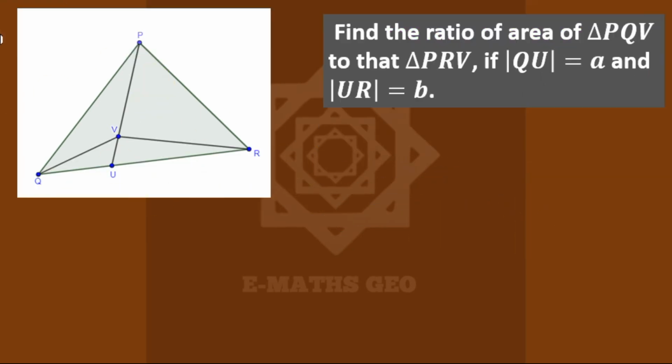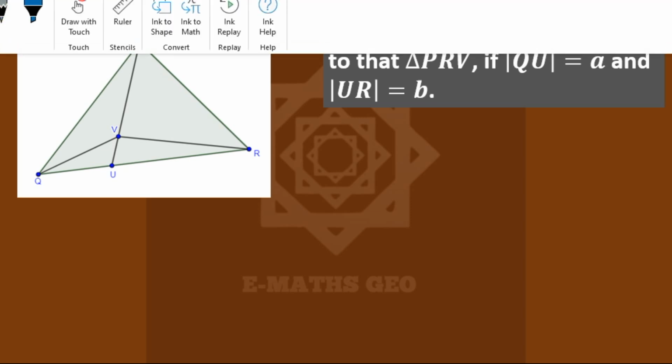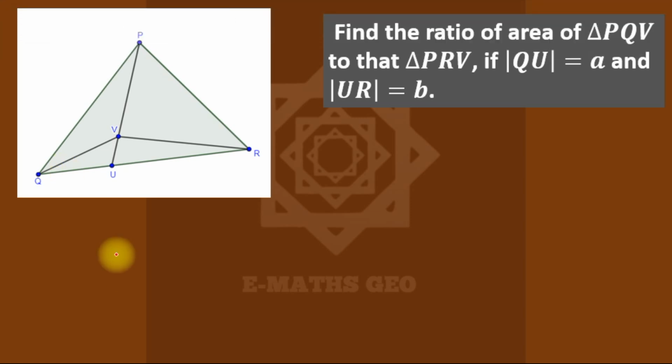Since we've noted from the first diagram, let's call these A1, A2, and A3, A4.